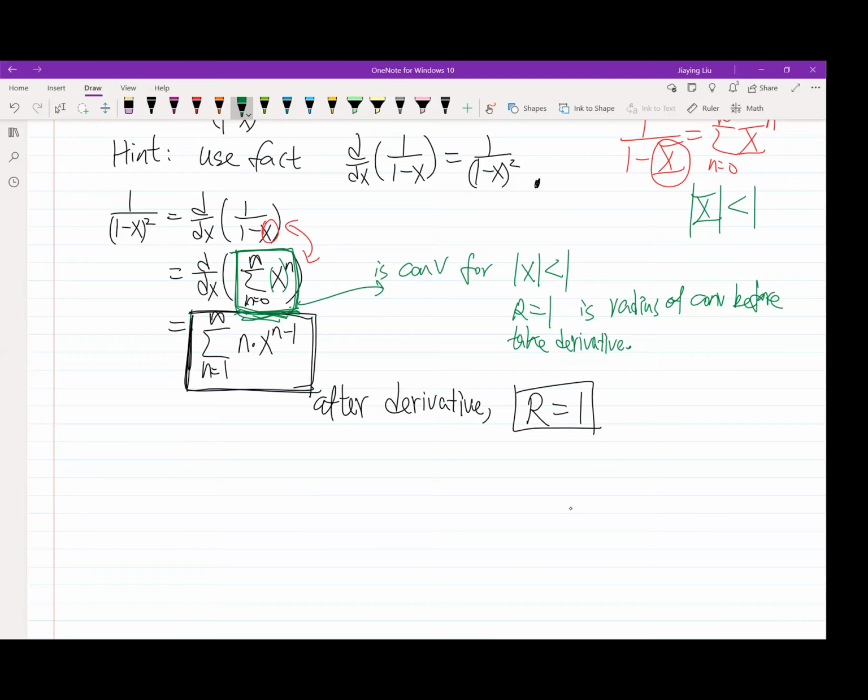And in this case, it will be absolute value of x is less than 1. And that 1 on the right-hand side is just the radius of convergence, because this inequality is the same thing as absolute value of x minus 0 is less than 1. So |x minus a| less than R is the form. And R is the radius of convergence. If you write it in the correct form, R corresponds to 1 there.